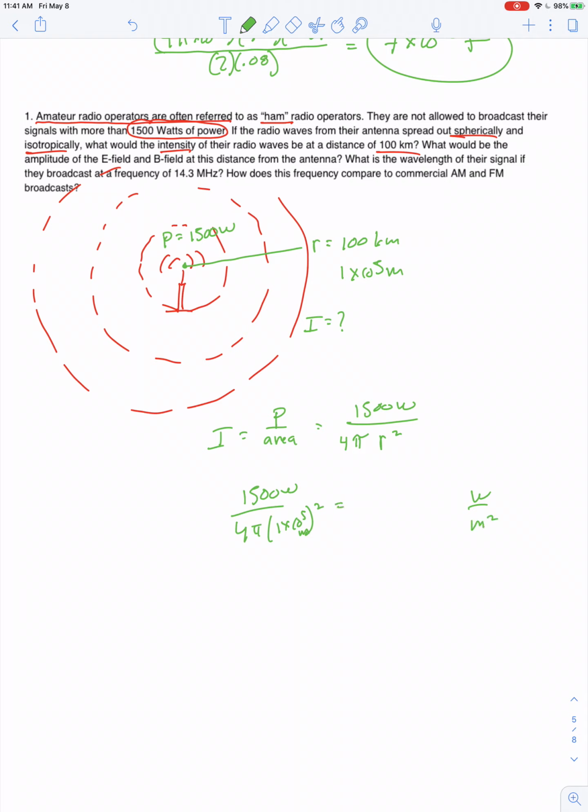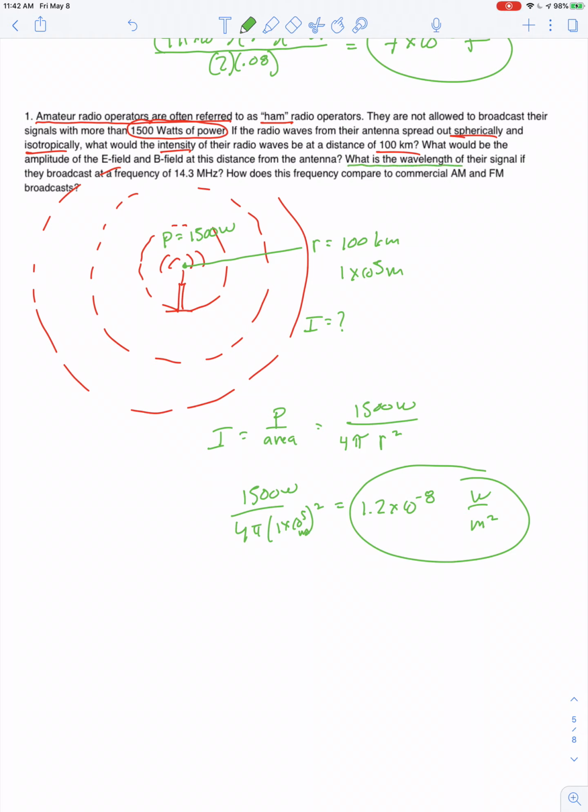No special name for that. And we get about 1.2 times 10 to the negative 8th watts per square meter.